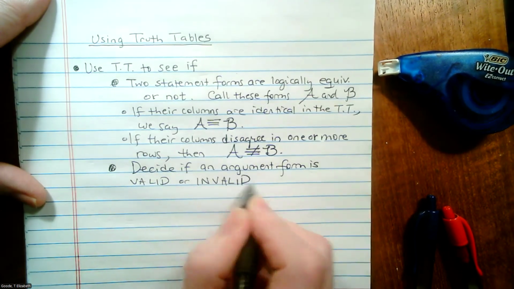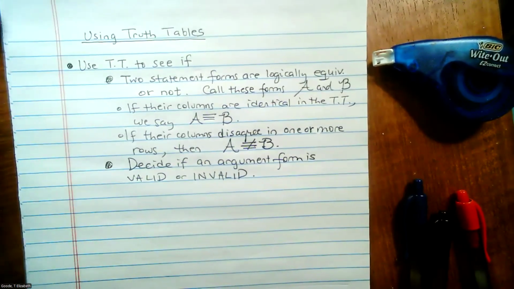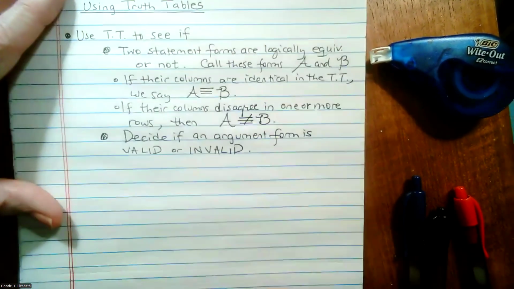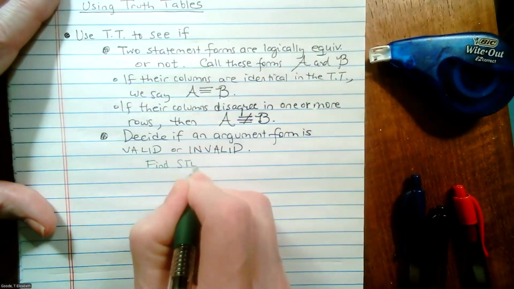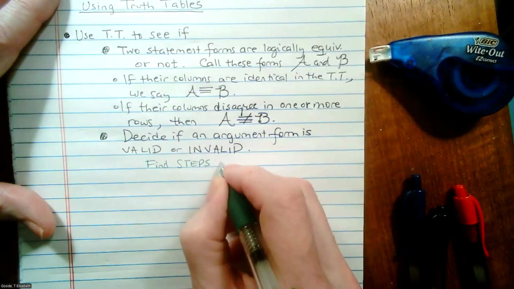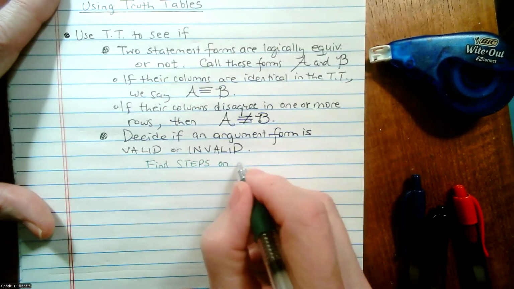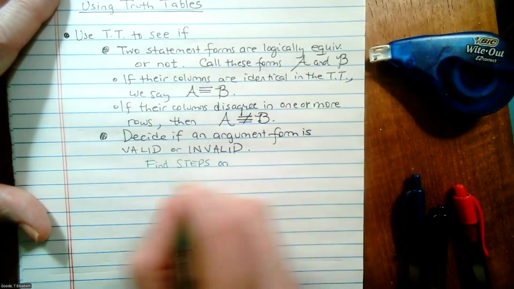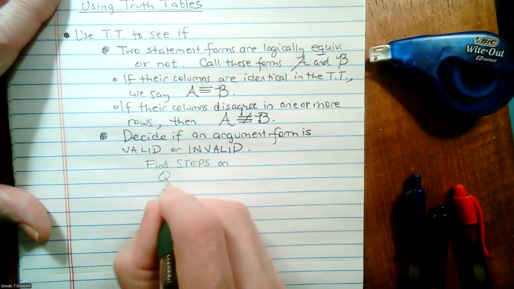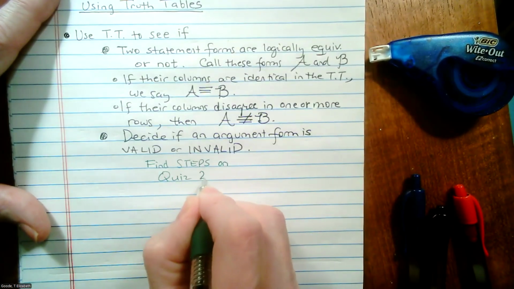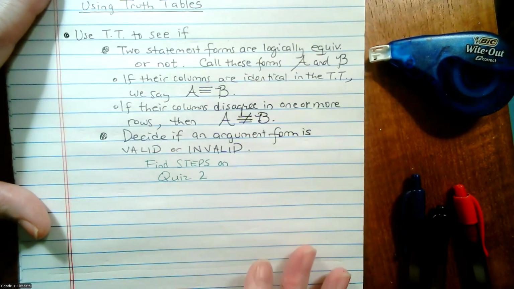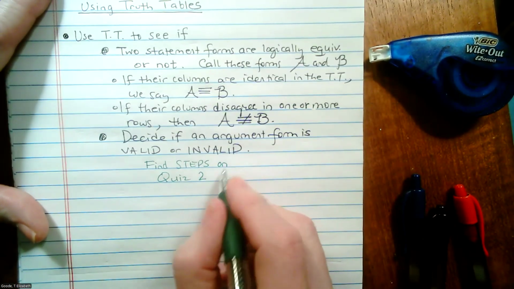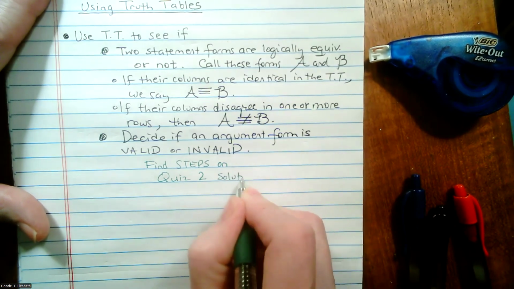I'm not going to write out the four steps in that process, but you can find the steps on quiz 2, which I emailed to everybody. Did you get the email where I sent you the solutions to quiz 2? I did see that. Yep.